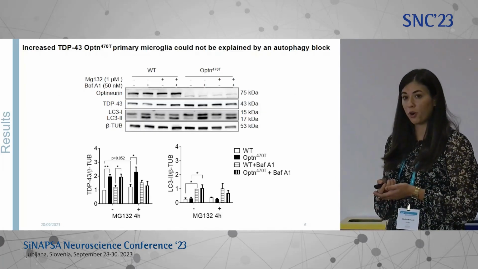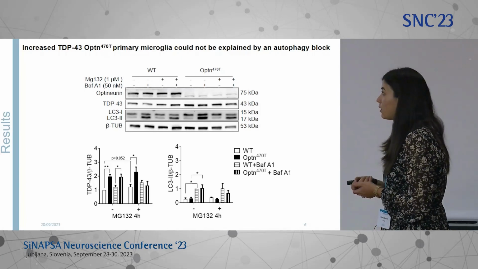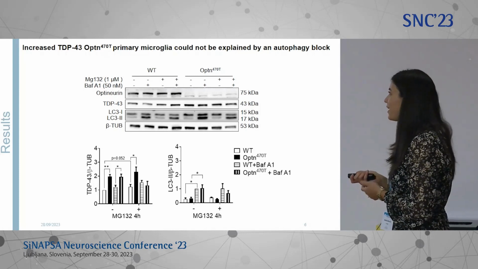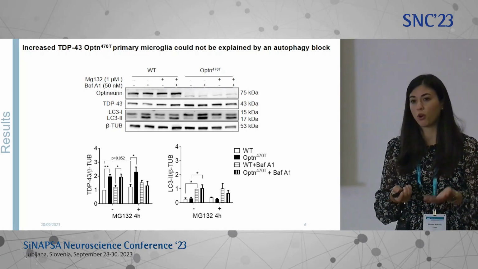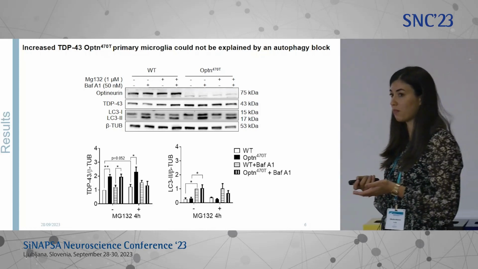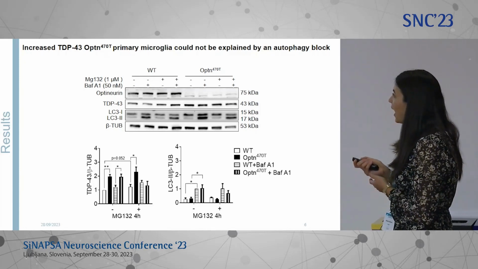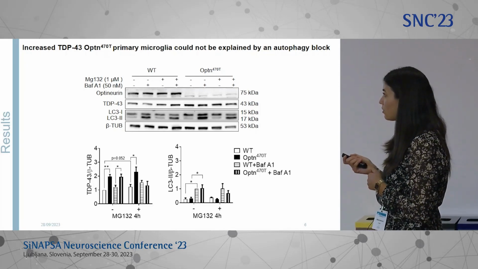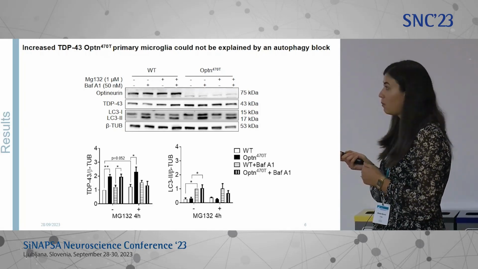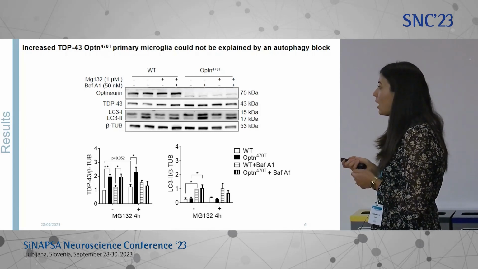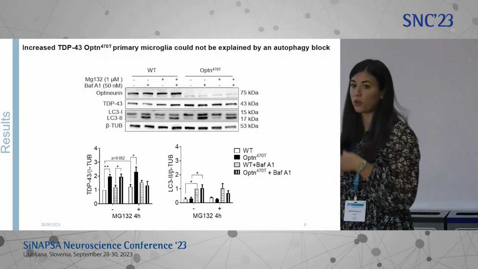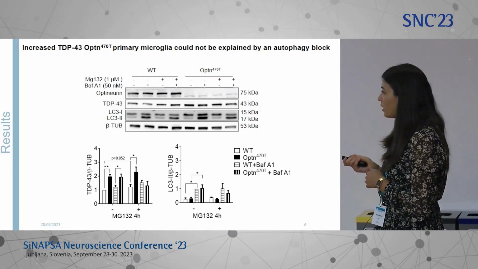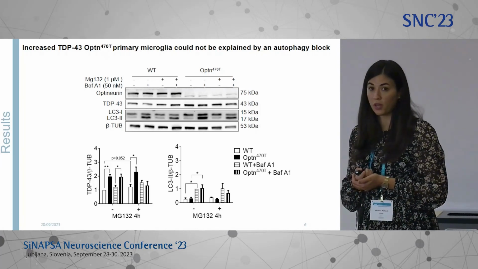As I mentioned before, optineurin has several proposed roles in microglia, including in autophagy. So we wanted to test whether a block of autophagy is the reason why we have accumulated TDP43. We stimulated our cells with the proteasome inhibitor MG132 and the autophagy inhibitor bafilomycin A1. But as you can see here, we saw a similar turnover of TDP43 protein in both wild-type and knock-in cells.